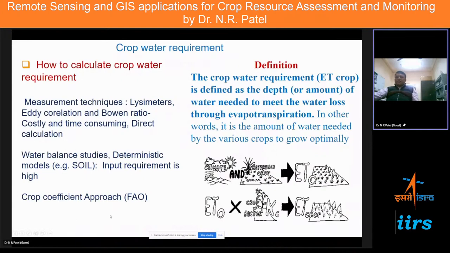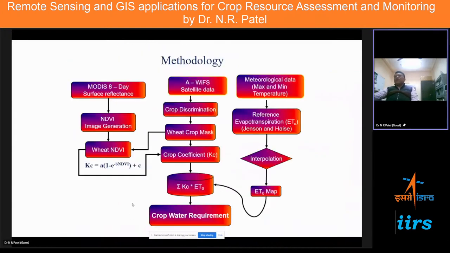The crop coefficient is the ratio of actual evapotranspiration to reference evapotranspiration, meaning ET divided by ET0. If you don't have satellite data, there are empirical methods which help you estimate reference evapotranspiration, like Penman-Monteith, Blaney-Criddle, and many others. Then you do some geostatistical interpolation to get the ET0 map.